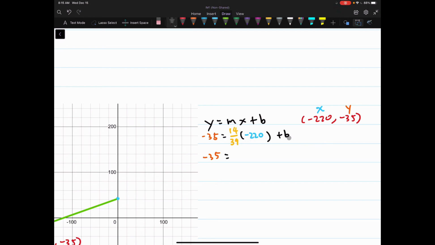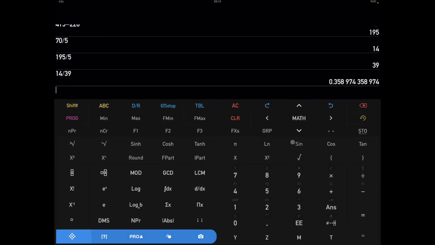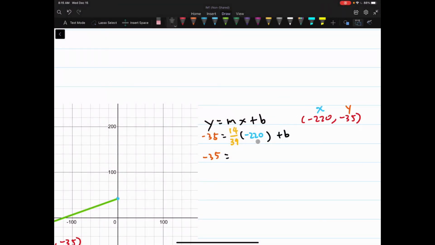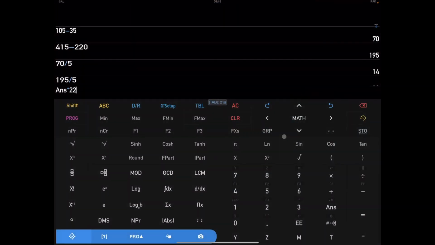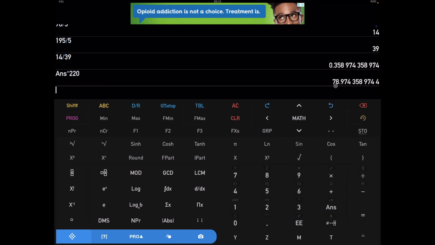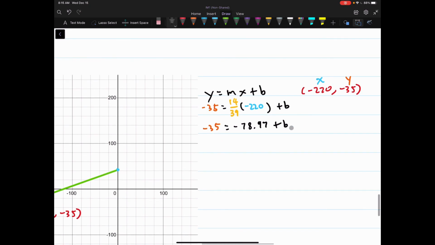This is probably going to be a decimal, so let's try 14 divided by 39 times negative 220, and that's about negative 78.97. So it's negative 78.97 plus b, and in order to get rid of this, we add 78.97 on both sides.